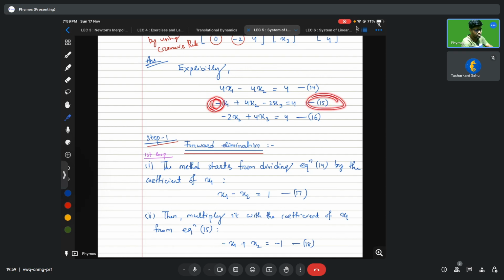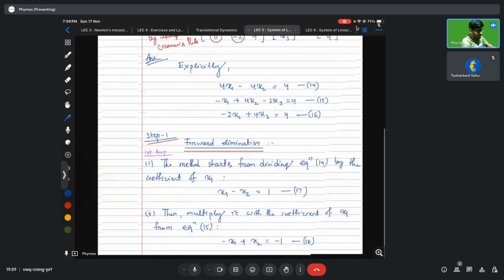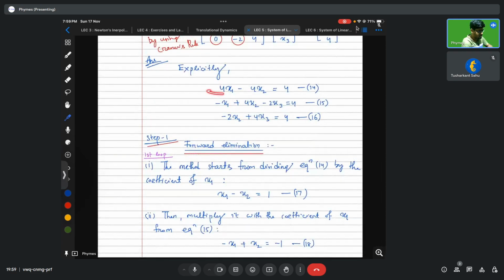This is the target equation. Then we are subtracting the modified first equation from this equation. And what is the purpose of doing all these things? To make this -x1 vanish, to eliminate this -x1, right?